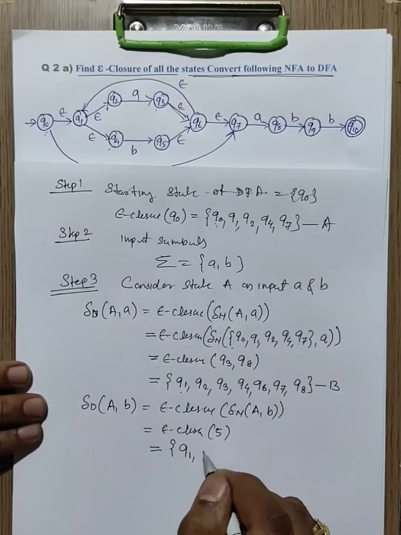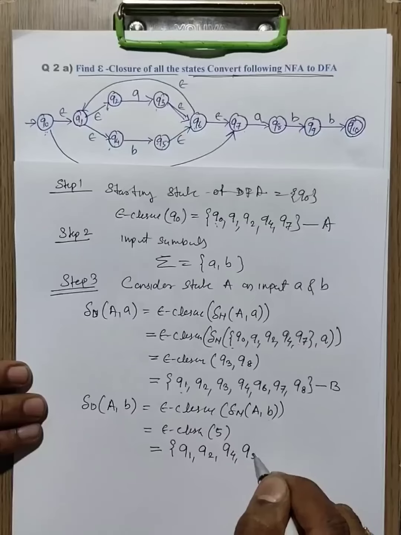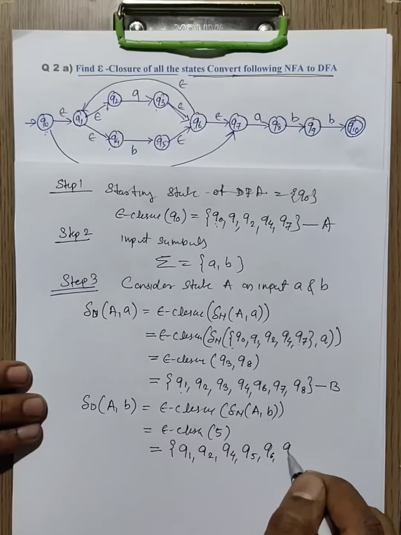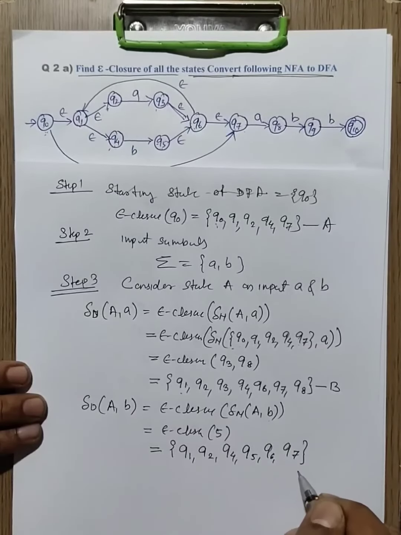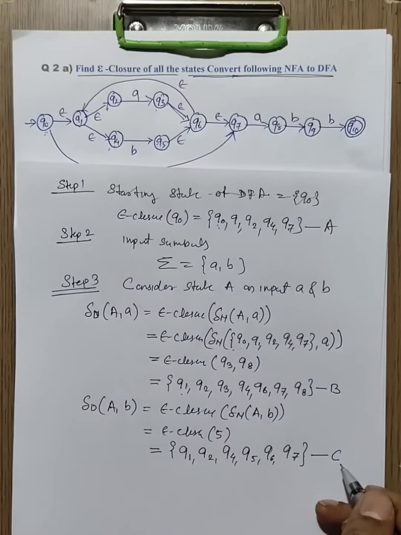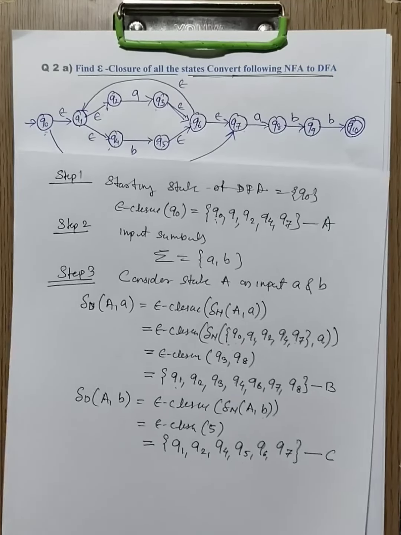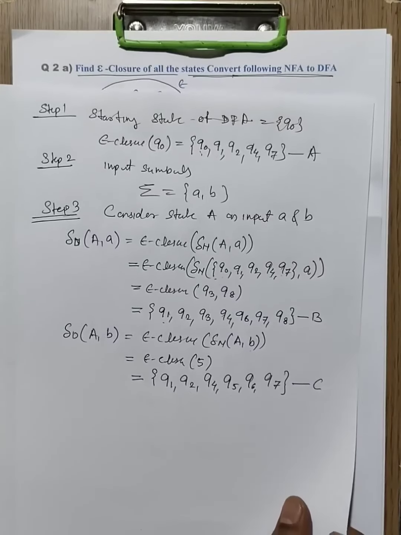In ascending order: Q1, Q2, Q4, Q5, Q6, Q7. This is a new state, so assign C.